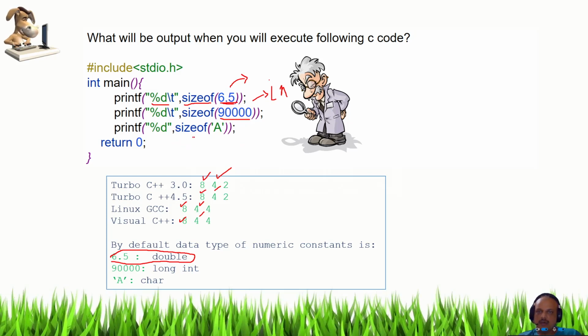Next, what is the size of memory that is required to store the data type 'A', a character? Again, the type of data which gets associated with the character 'A' is compiler dependent. If you are using these compilers, then you get 2, and if you are using Linux GCC or Visual C++, you get 4.